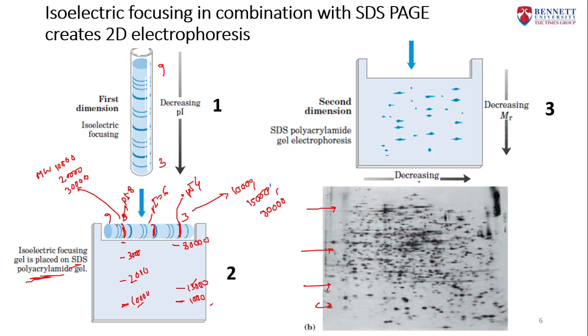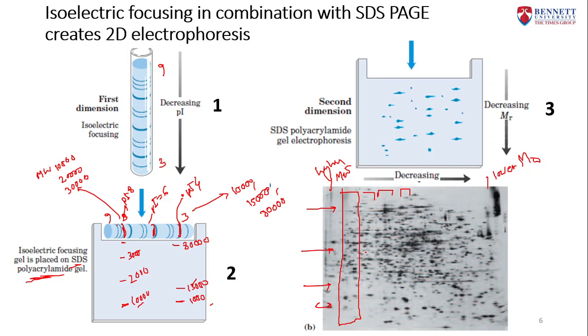That is the decreasing molecular weight. So this is lower size, so this is lower molecular weight, and this is higher molecular weight. If you had not done this, everything in this band would be forming one band, everything that is here would form one band, and everything that is here would form one band.